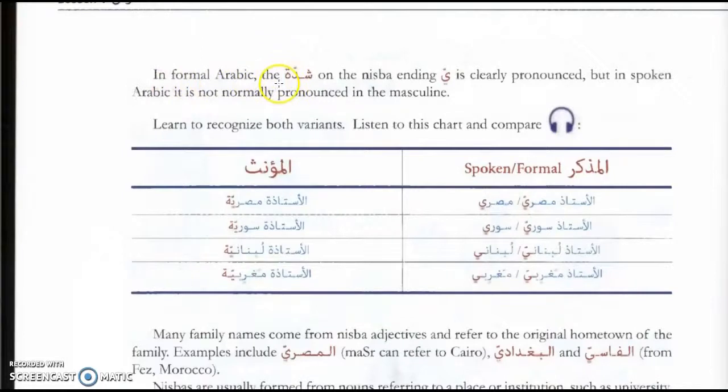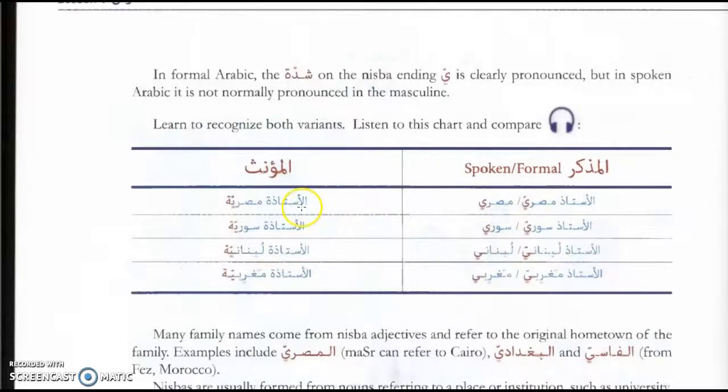In formal Arabic, the shadda of the nisba ending i is clearly pronounced. But in spoken Arabic, it is not normally pronounced in the masculine. So in other words, let's look here. Al-Ustadh Masriyy. Al-Ustadh Masri. Okay, so that emphatic doubling of the last i is not commonly held out in the dialect.